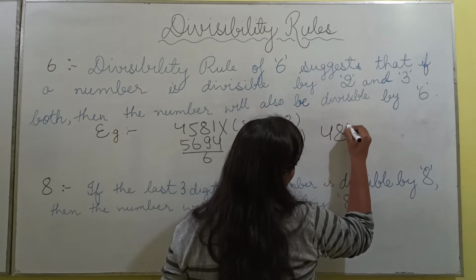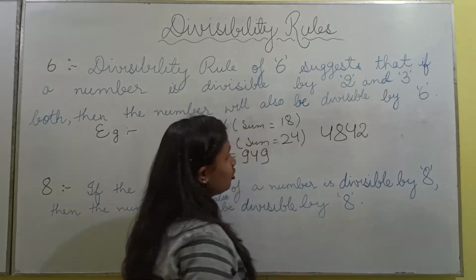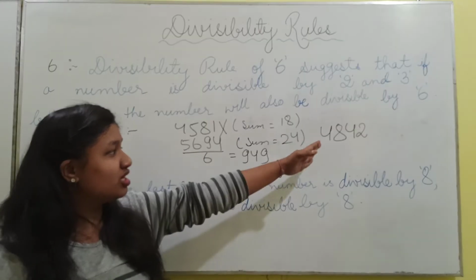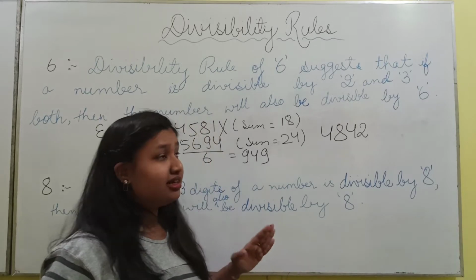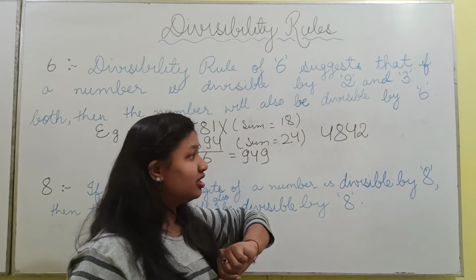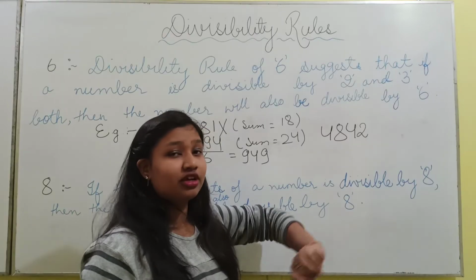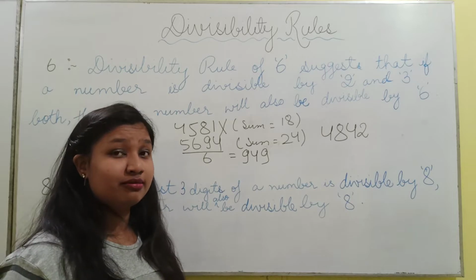4, 8, 4, 2. Now 4 plus 8 equals 12, plus 4 is 16, plus 2 is 18. 18 is divisible by 3. So this number must be divisible by 3. Also the last digit of the number is even. So again this number must be divisible by 2.